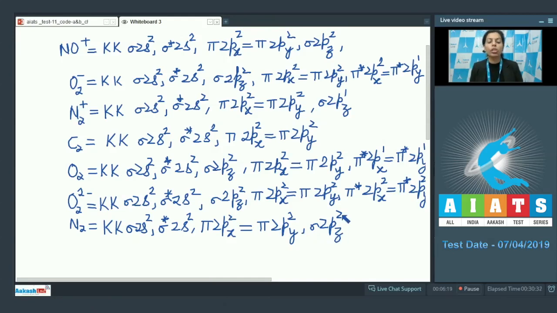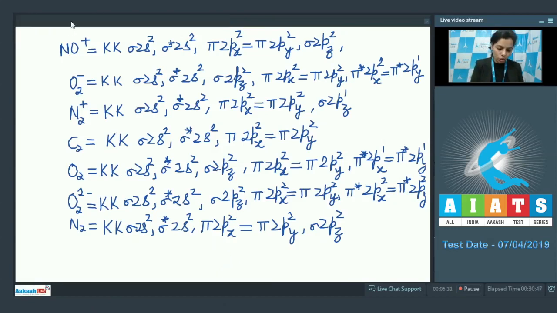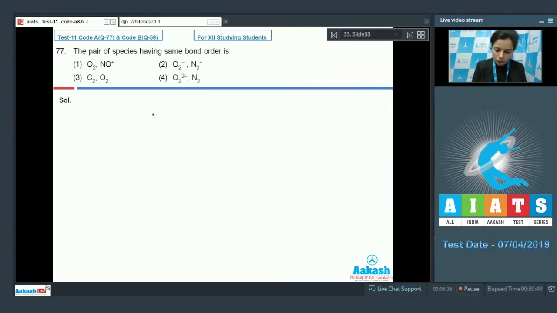This is the configuration for nitrogen. For other species, I have also written the configuration. On that basis, you can identify the number of bonding and antibonding electrons. For bond order, we need half of bonding electrons minus antibonding electrons.